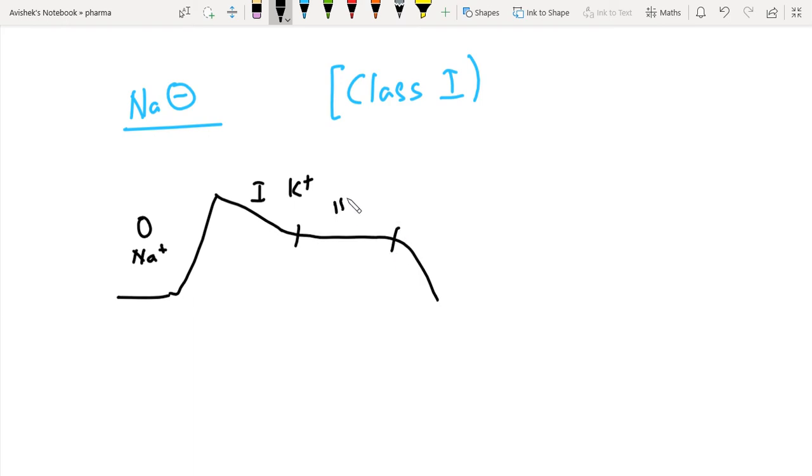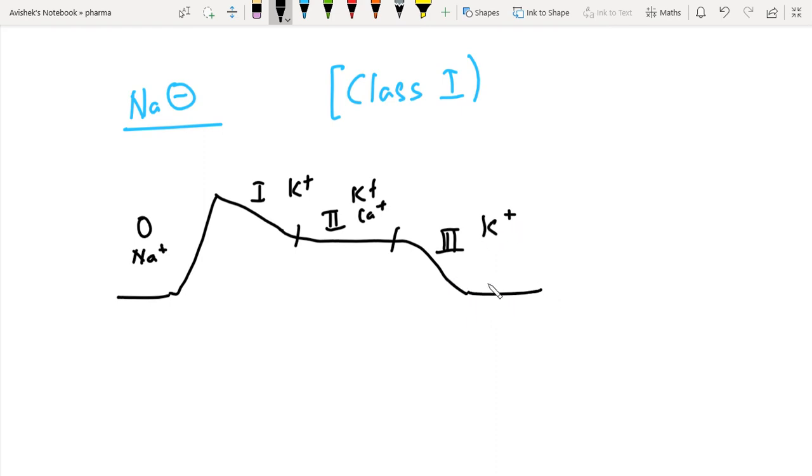In phase 2 potassium and calcium are both working, and in the third phase only potassium is working.